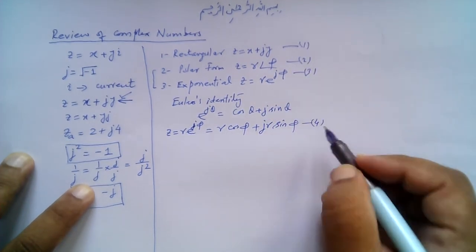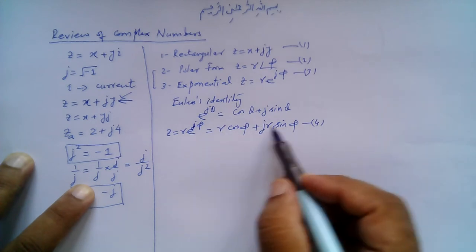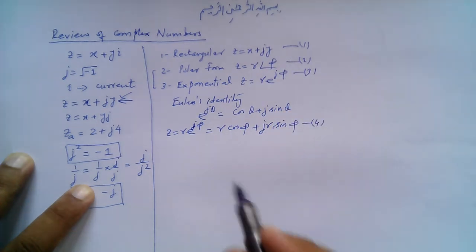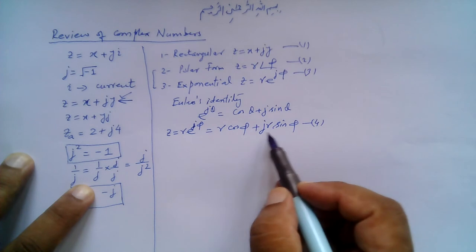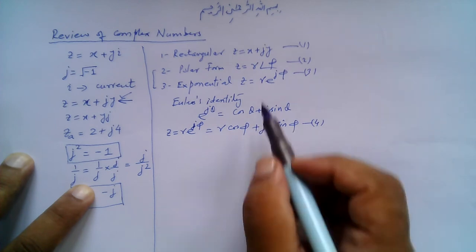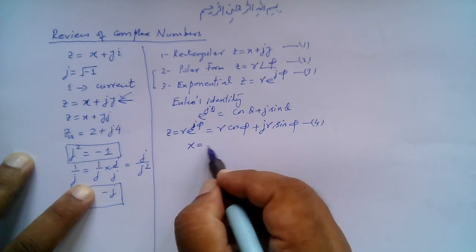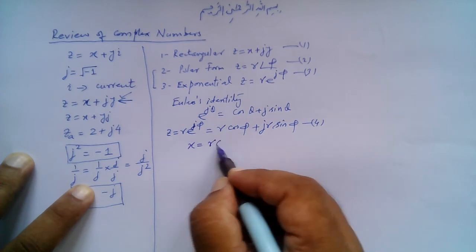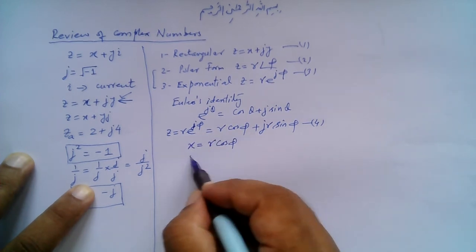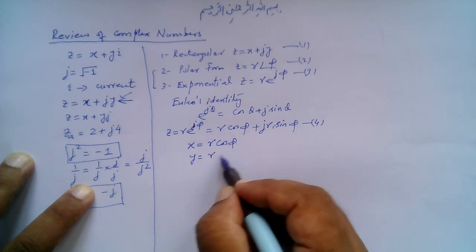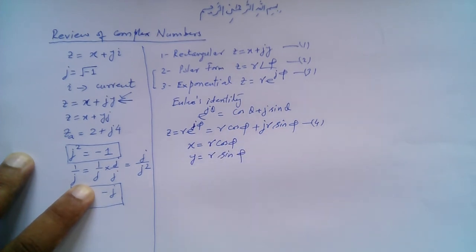If we compare this equation with this one, you can see that this is the real part, this is the imaginary part. So comparing, we can say that x is equal to r cos phi and y is equal to r sine phi.